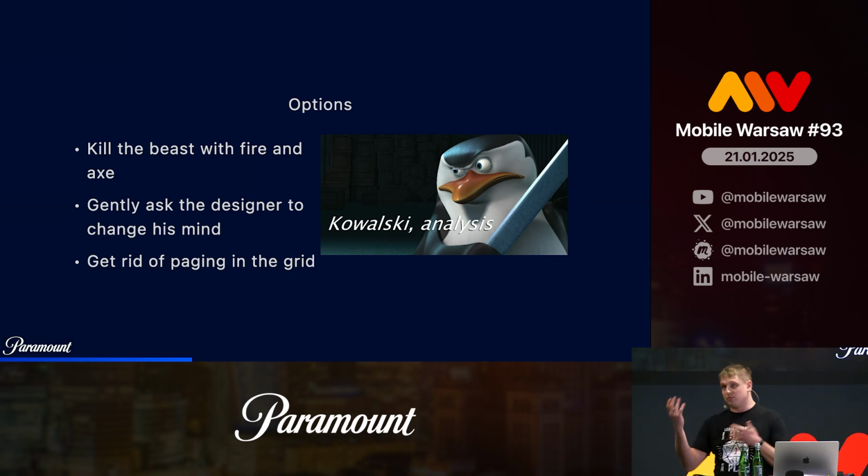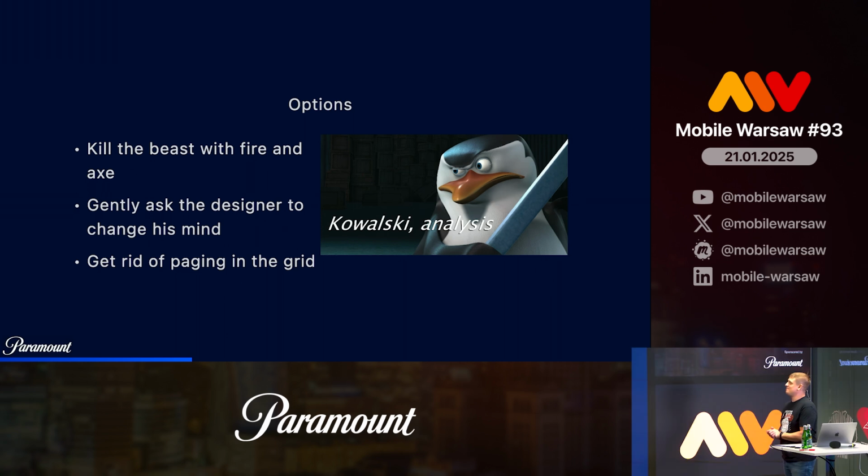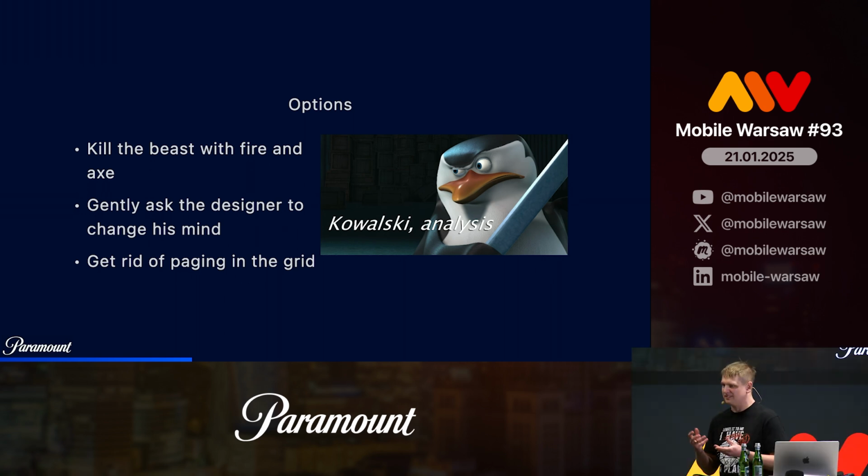So the user can put some content to the watch list, and a standard user would put there 20, 30 items, and that's all. But the tester, oh, whole different story. He could spend the entire day adding everything just to see our application crash. So, looks like the only option that is available to us is the first one. By the way, the second and third are kind of relying on human interactions.